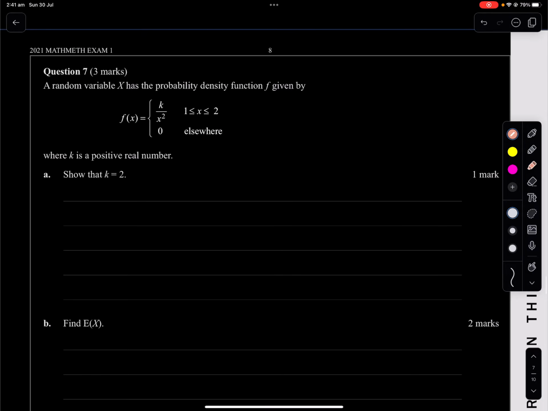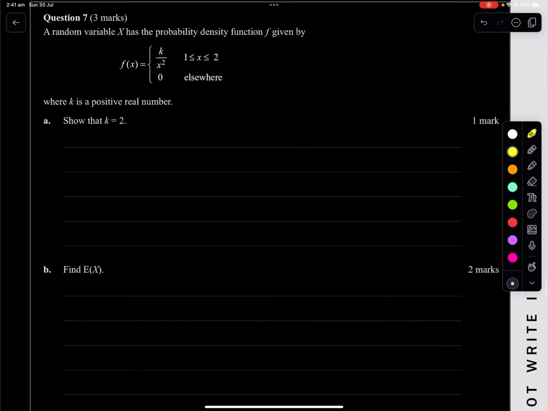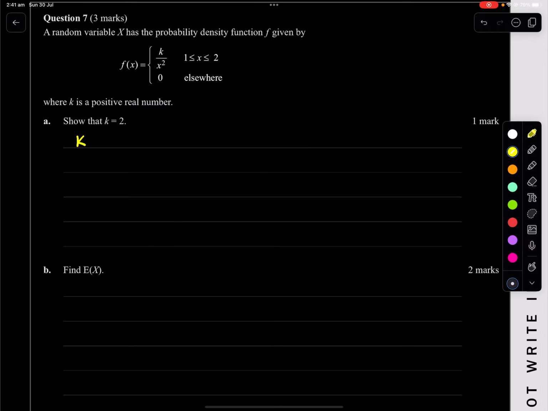All right, question 7. It says the random variable X has the probability density given by this. Let k be a positive real number, show that, okay. So what we can do is take that k out and find the integral from 1 to 2 of 1 over x squared, which is just x to the negative 2, dx, which is equal to k.